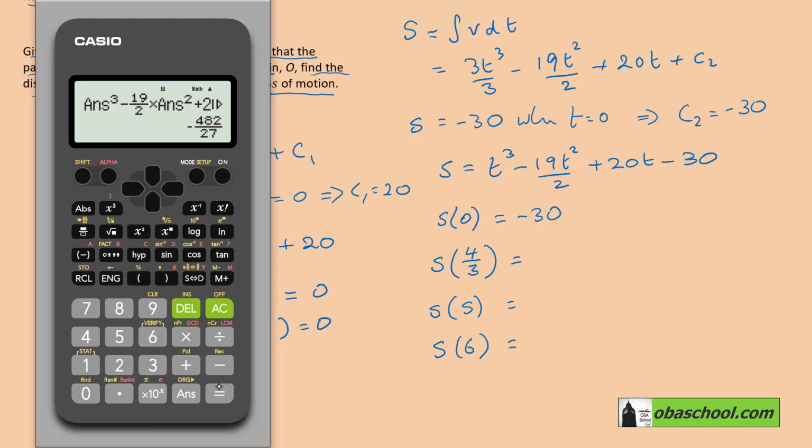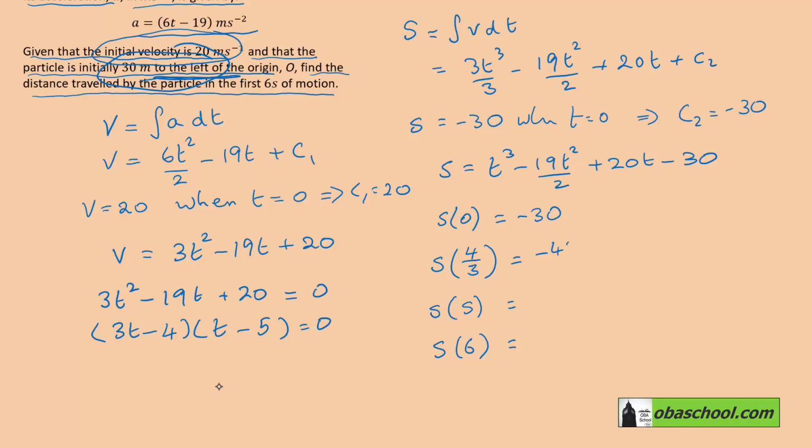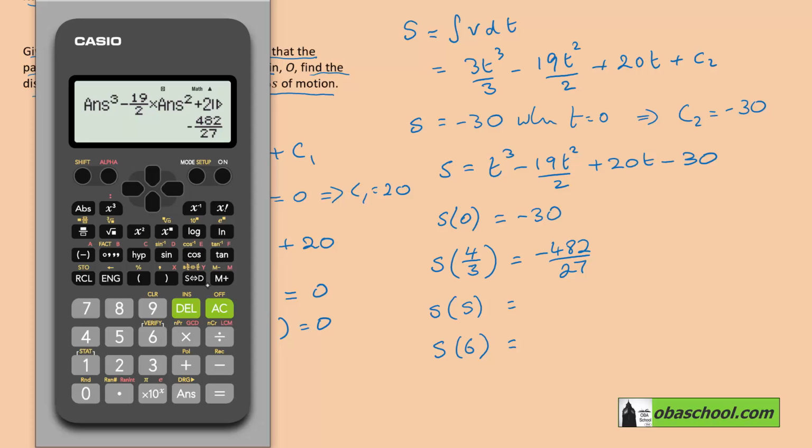And that gives me negative 482 over 27. And just as a matter of interest, that's about negative 18.